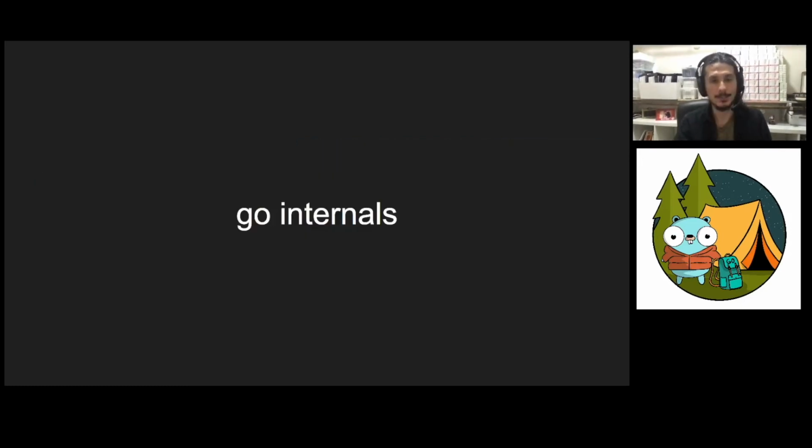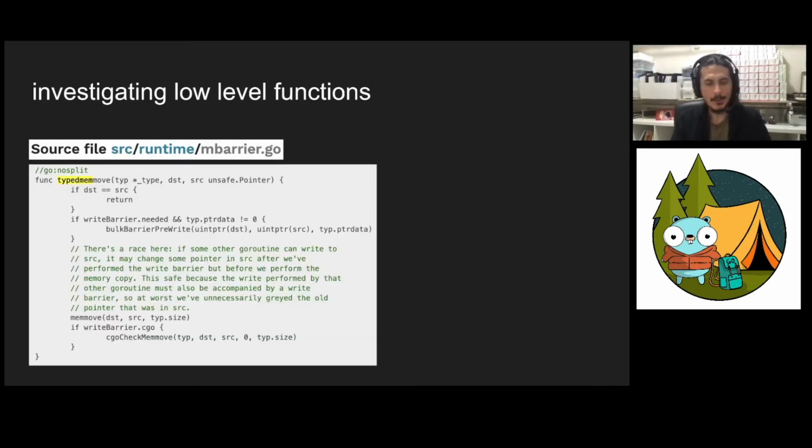So, more Go internals. Investigating low-level functions and getting familiar with what they're actually doing is key to understanding what a Go binary is doing when you are reversing it, obviously. So again, let's look at typedmemmove, where we saw that dereference, where we're trying to dereference a receiver. There are a couple of interesting things here, at least for a security researcher.